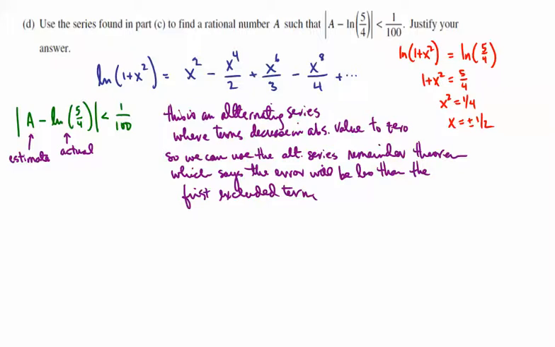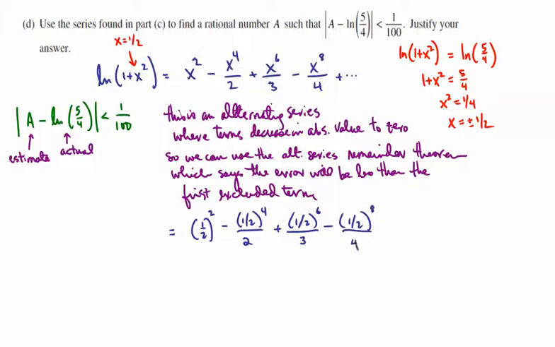So what that means then is that we're working with x equals 1/2. And when we work with x equals 1/2, we'll have 1/2 squared minus 1/2 to the 4th over 2 plus 1/2 to the 6th over 3 minus 1/2 to the 8th over 4, etc. Let's see what that looks like.